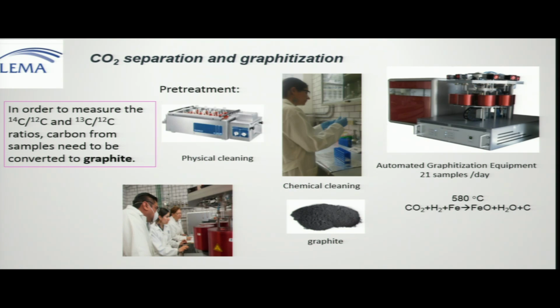So we need to make a pretreatment, a physical cleaning followed by a chemical cleaning. And then we have also automatized equipment for graphitization. Once we have the carbon converted to graphite, we can do the analysis in the mass spectrometer.